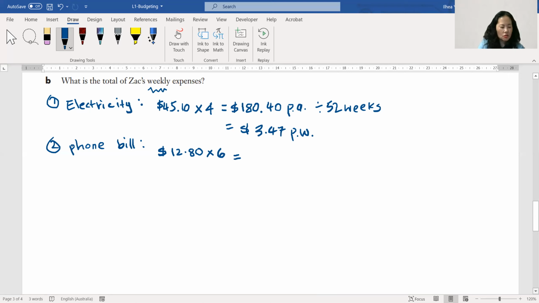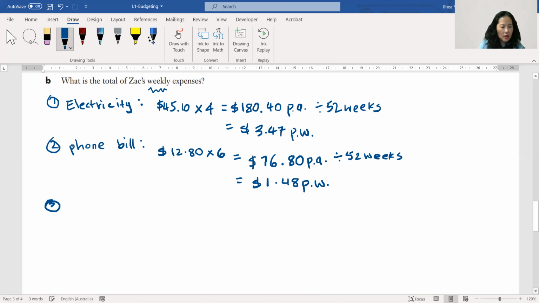So I'm just going to do that straight in the calculator, and that will give me $76.80 per year. Then I'm going to divide it by 52 weeks, and that will give me $1.48 per week.